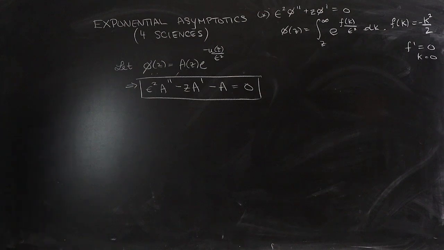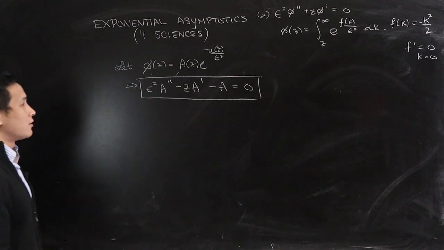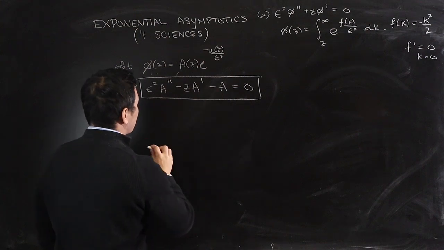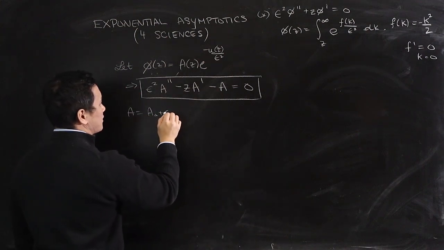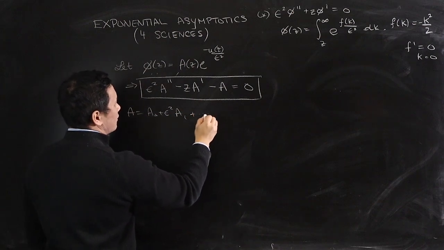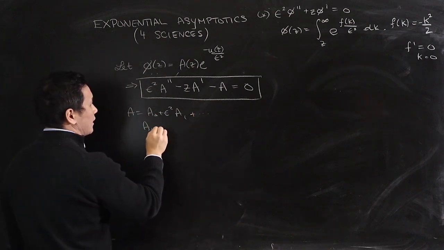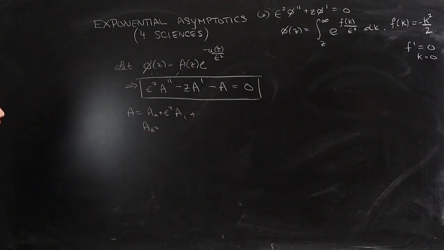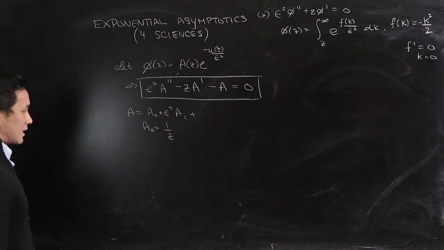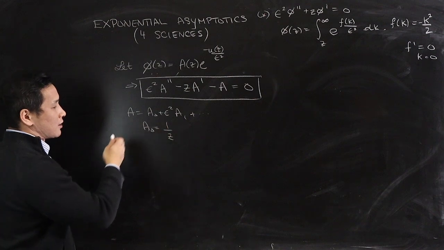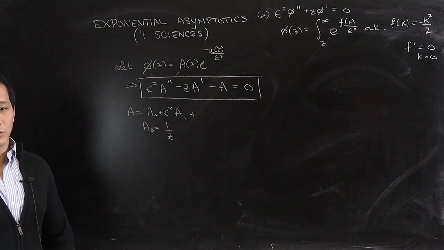And then the key is that now when you expand a into powers of epsilon, if I write a as a naught plus epsilon squared a1 plus so forth, I'm going to get a naught is 1 over z. It's actually a constant here, but you can show that this constant, in order to satisfy the boundary conditions, should be 1.